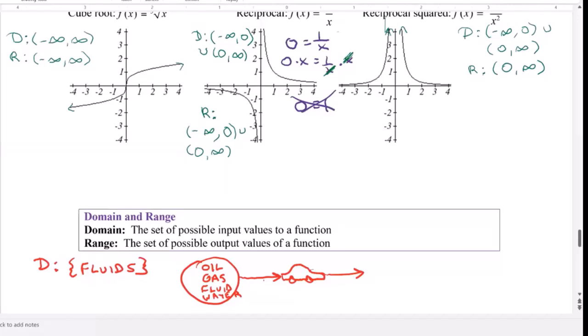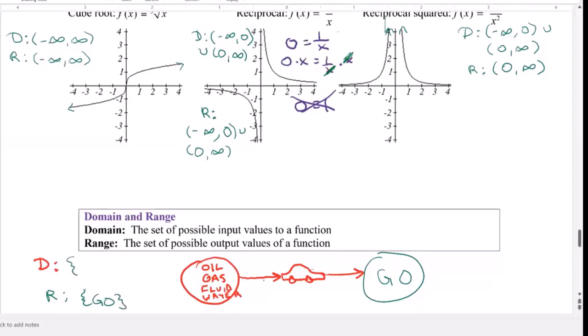So the domain is the set of things that you can put into your machine. And what's our output here? Well, hopefully our output is go, right? The car moves. So this would be my range. My range would be go.